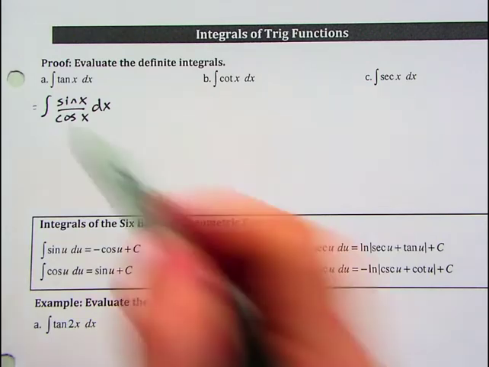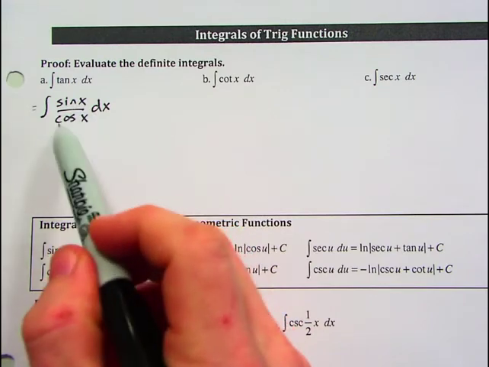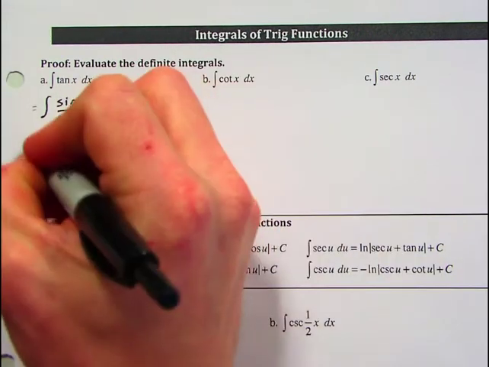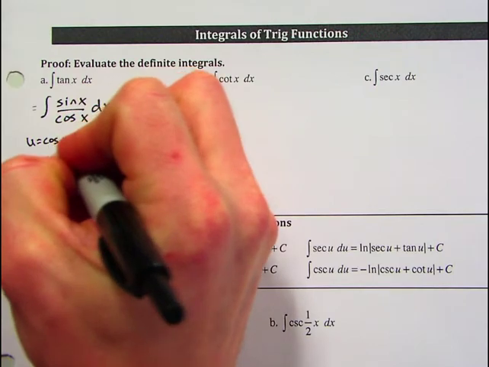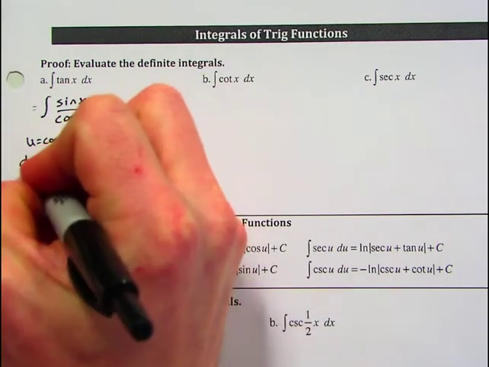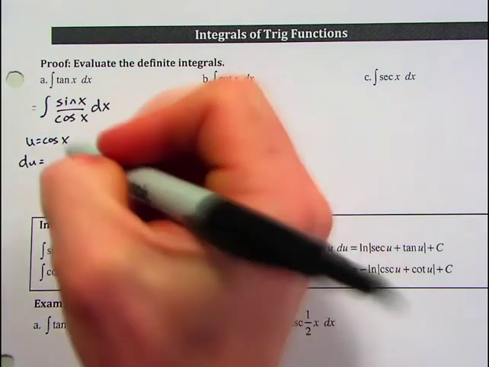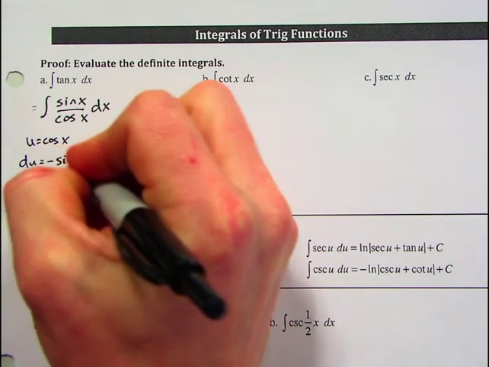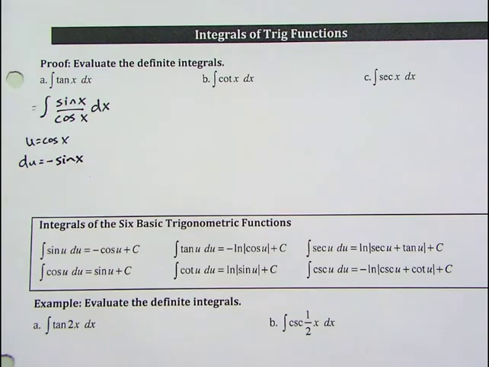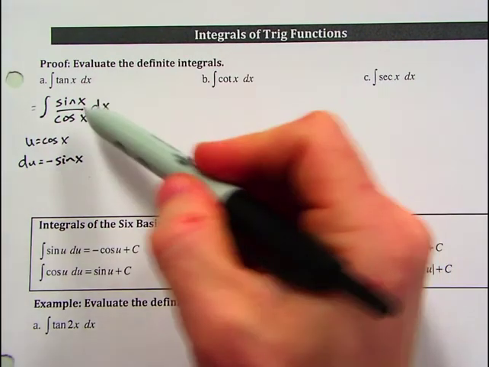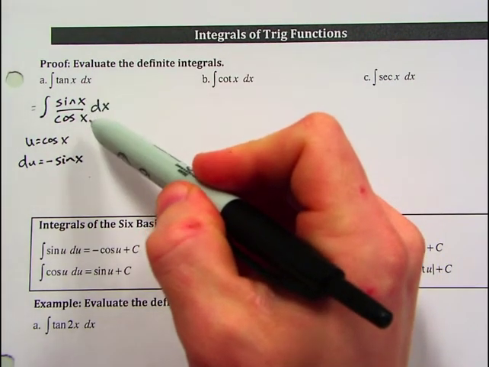So if you'll notice here, cosine x, we could let that be our u. And then the derivative of u, derivative of cosine is? Negative sine x, good. At this point, we can see that we almost have u prime over u.